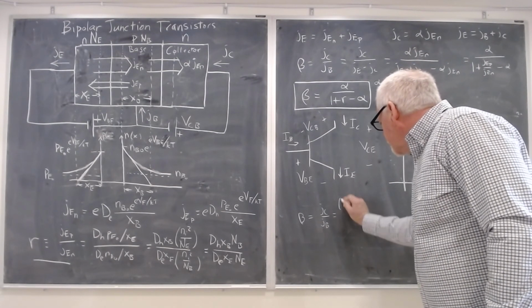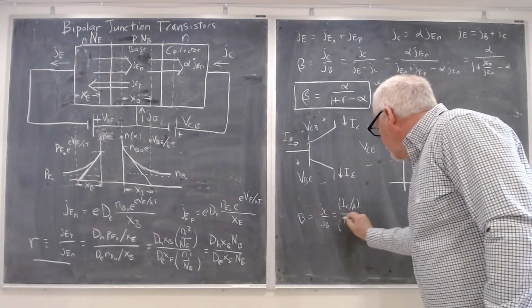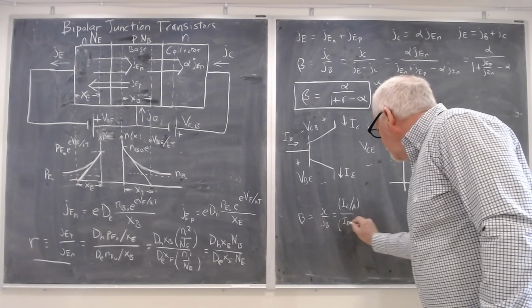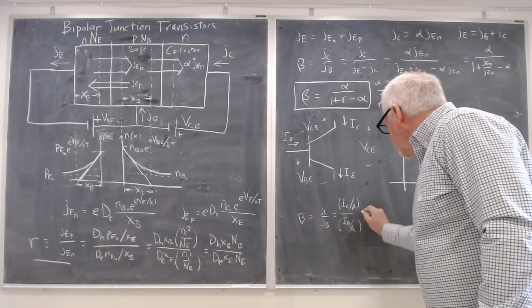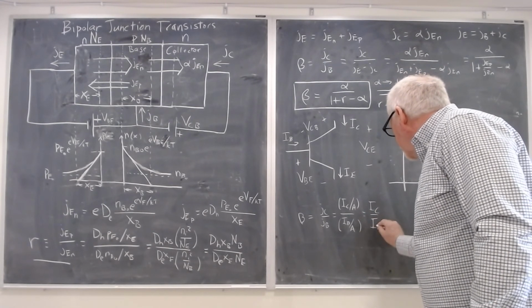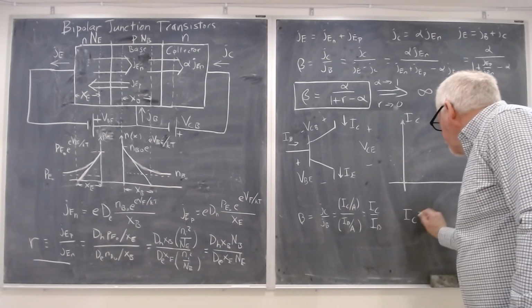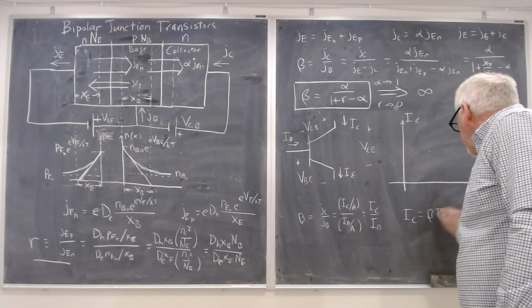So this is IC over A, and this is IB over A. And so that's also equal to IC over IB. So IC is equal to beta IB.